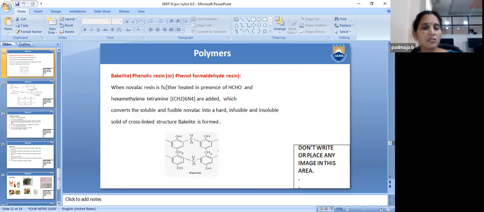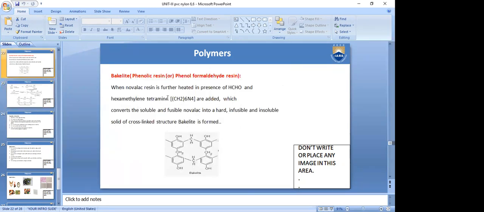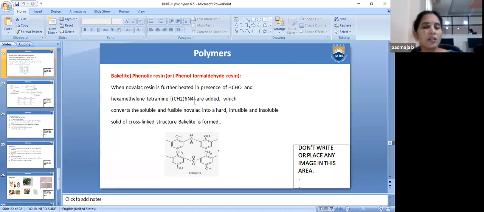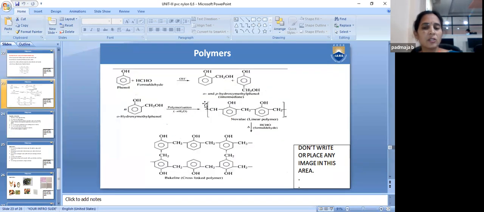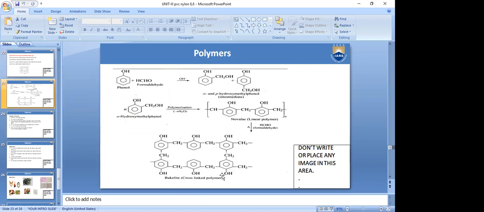What is that catalyst? Hexamethylene tetramine. Then we are heating that. When we heat, what do we get? Bakelite, a cross-linked polymer.